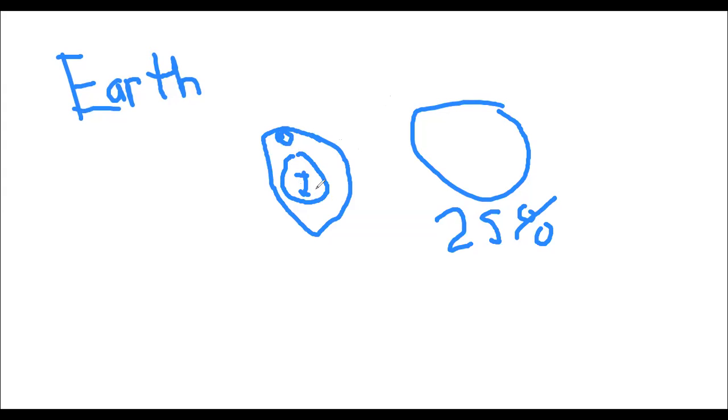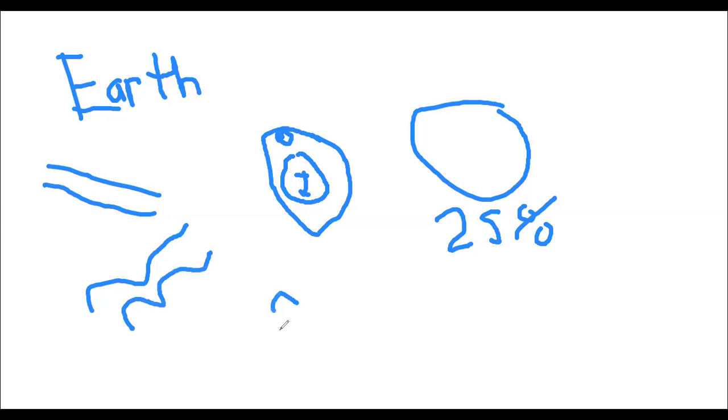This atmosphere is what protects our Earth from cosmic radiation, solar radiation, asteroids, and really strong gravitational pull from other planets in our solar system. So that's how our Earth's core protects us and supports life.